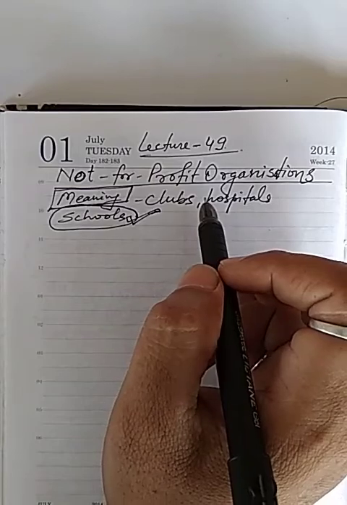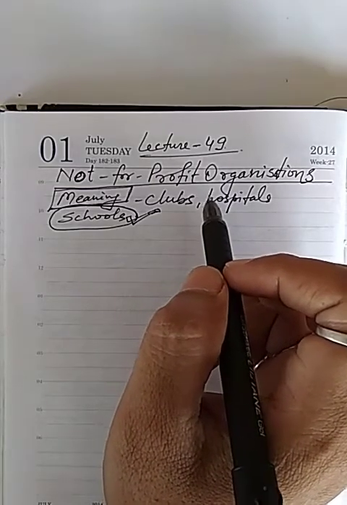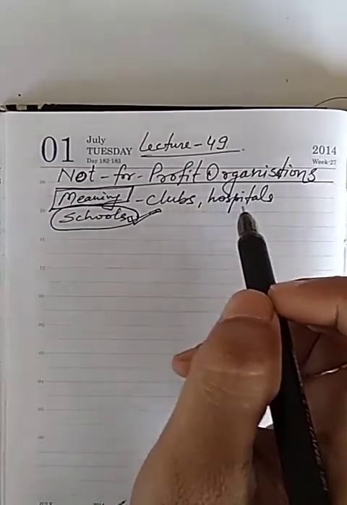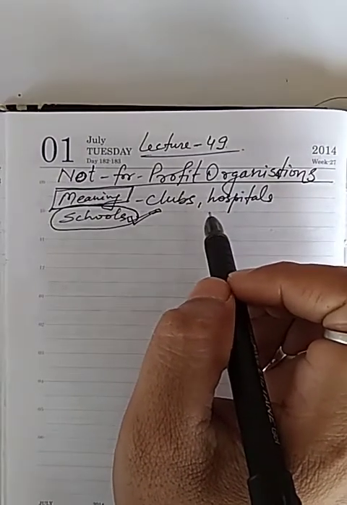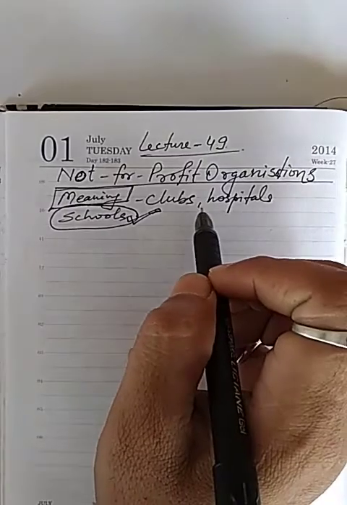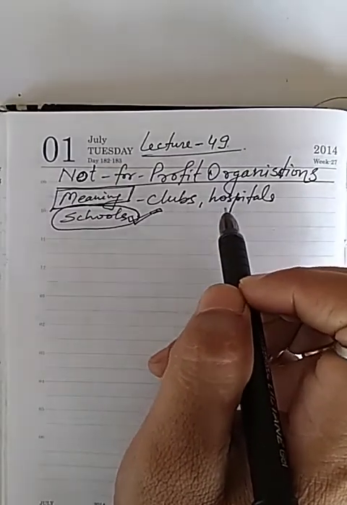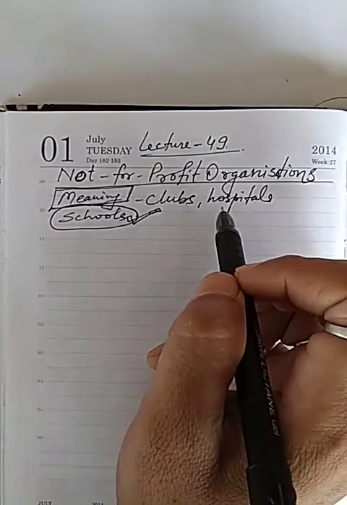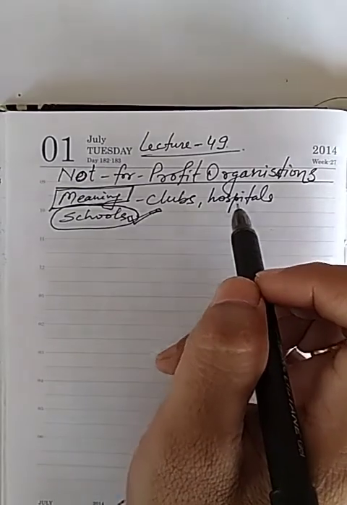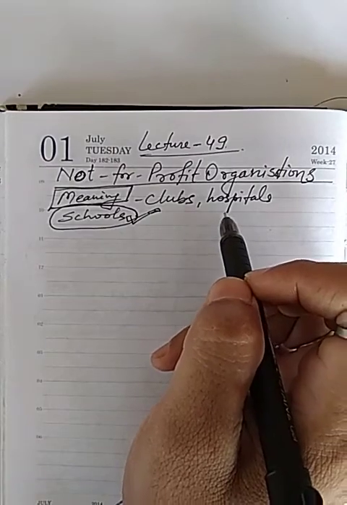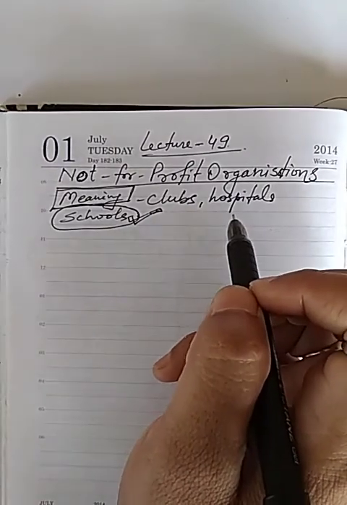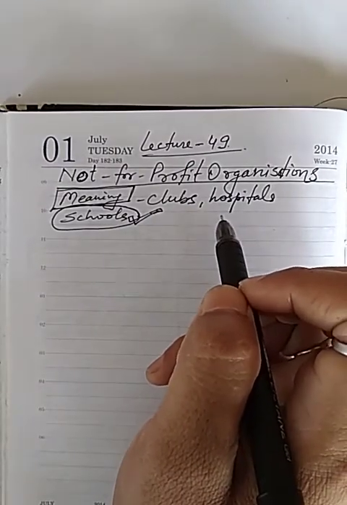For this purpose, they prepare an income and expenditure account, which is similar to a profit and loss account of a profit seeking entity. A balance sheet is also prepared in order to show the financial position of the organization.